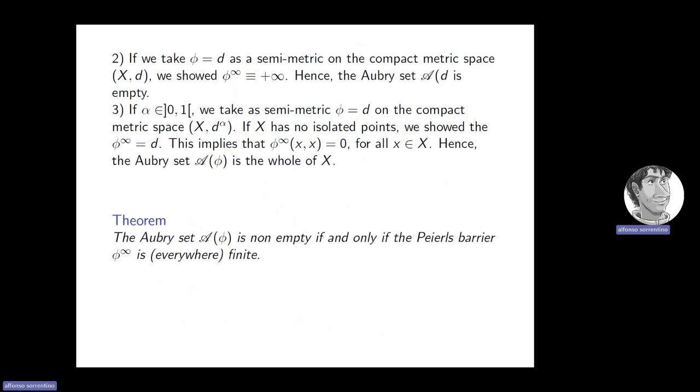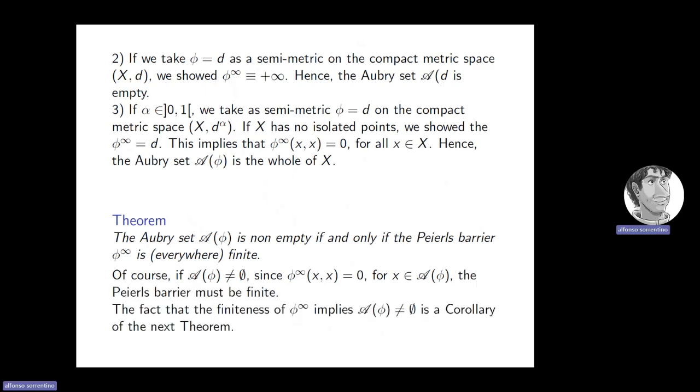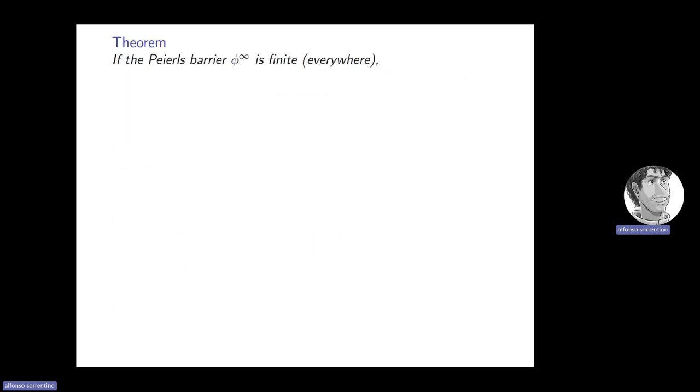Okay, and now I come to the theorem. The Aubry set is non-empty if and only if the Peyerimhoff barrier phi infinity is everywhere finite. Now, of course, if the Aubry set is not empty, because phi infinity of xx is 0 for x in the Aubry set, it's finite at some point. Phi infinity is a function of pairs of points, so it's finite everywhere. Now, the fact that finiteness of phi infinity implies the Aubry set is not empty is a corollary of the next theorem.